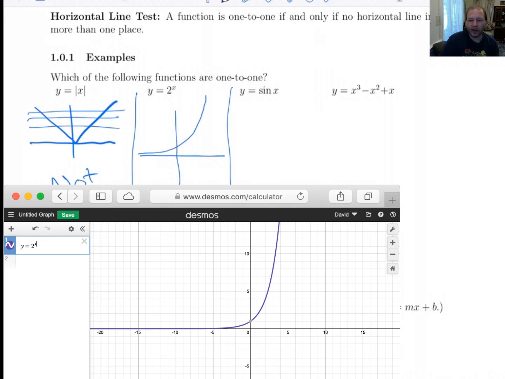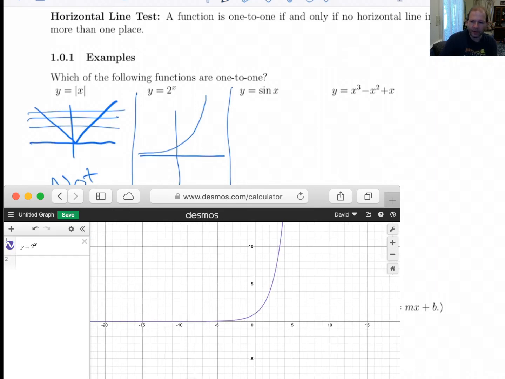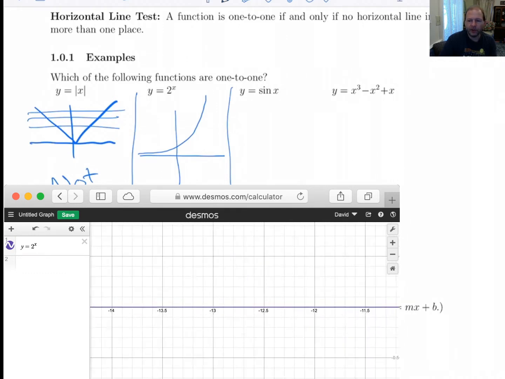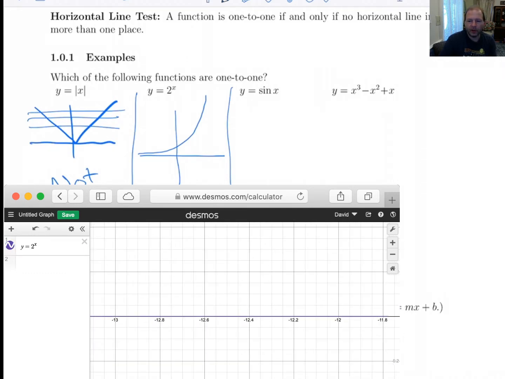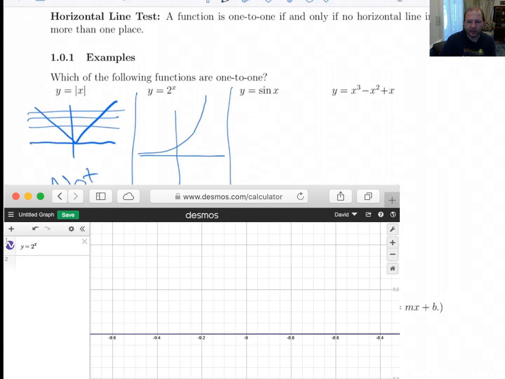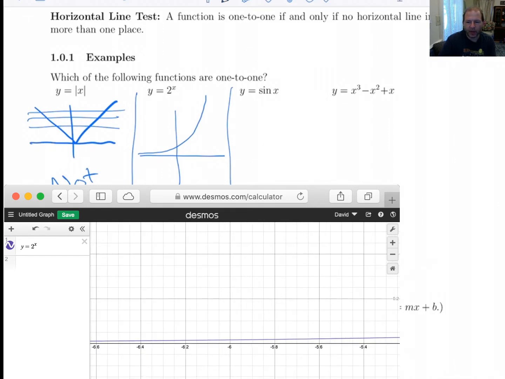Now, if you look at it, there is no horizontal line that will touch it in more than one place. You might wonder about it down there where it looks like it's going flat, but the truth is, if we zoom in on it, this never actually touches the x-axis.